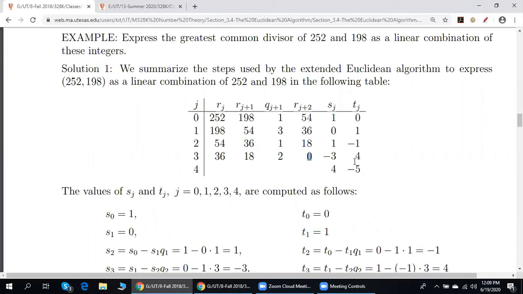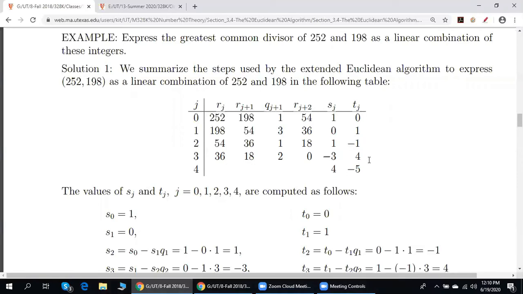And as before, in order to come up with -3, we subtract from 0 3 times 1. Same pattern. Remember, 1 is 1 minus 1 times 0. -3 is 0 minus 3 times 1. Similarly, 4 is 1 minus 3 times -1.